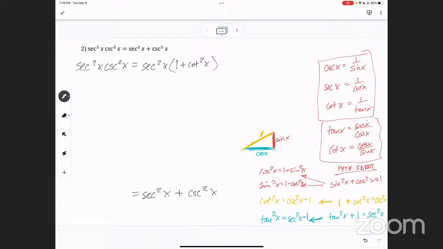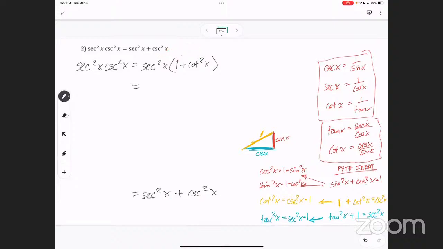All right, now just trust the process. You're like, well, shoot, I don't see how this is going to work. Well, just trust it. Now what should I do with secant squared? How about distribute it in? Keep an eye down at the finish line. I want them to be kind of separated, don't I? So shouldn't I just distribute that in?